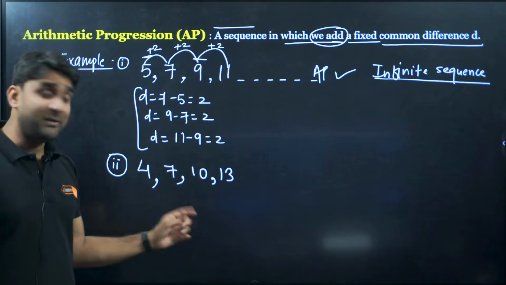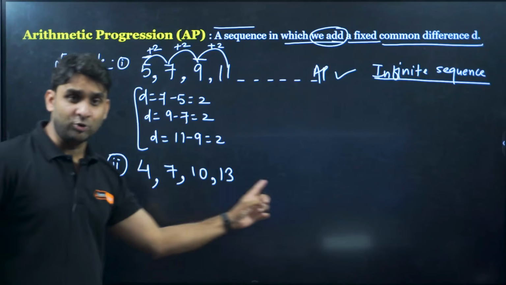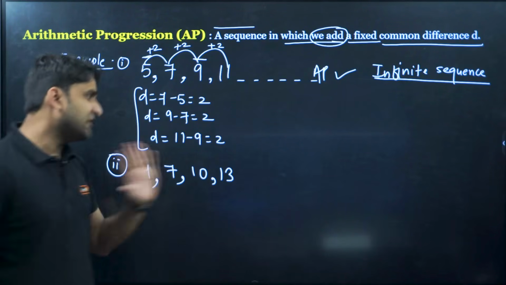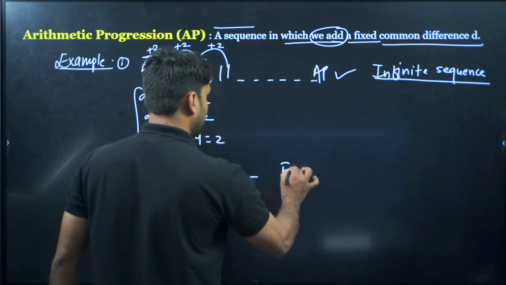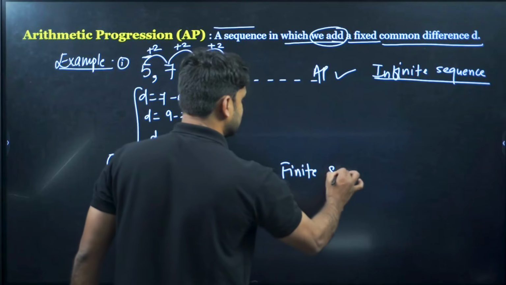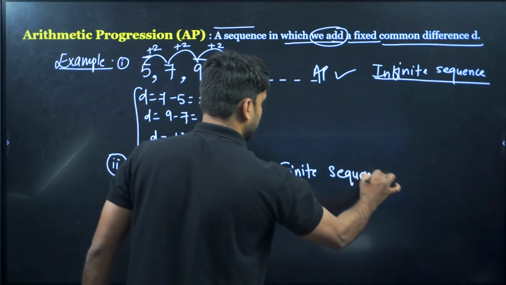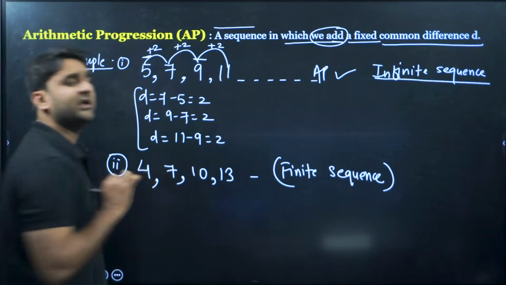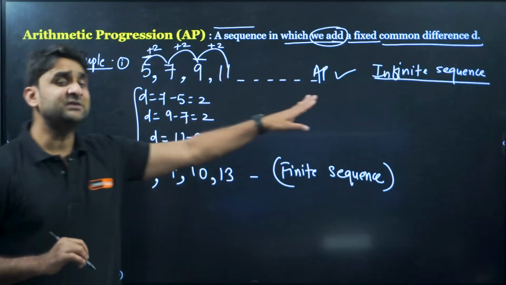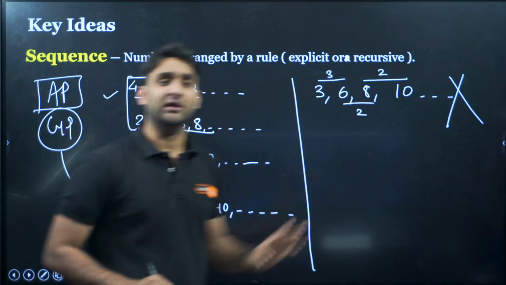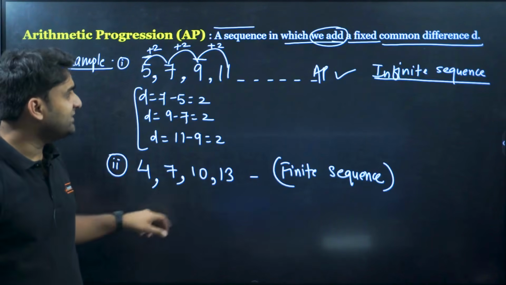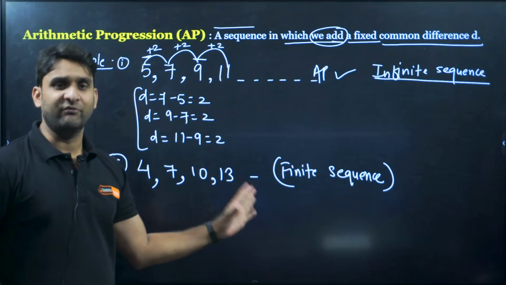But if the AP has ended somewhere, with no dot at the end, such APs are called finite AP, or we can say finite sequence. I hope you guys are getting my point. So what is the difference between infinite and finite sequence? An infinite sequence will keep going till infinity, but a finite sequence ends somewhere.